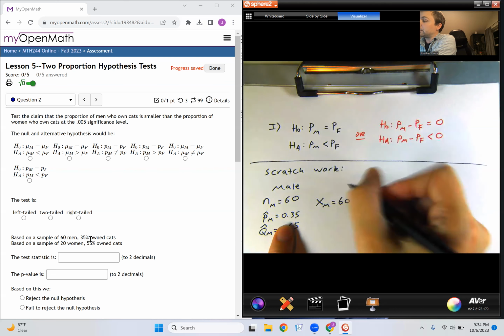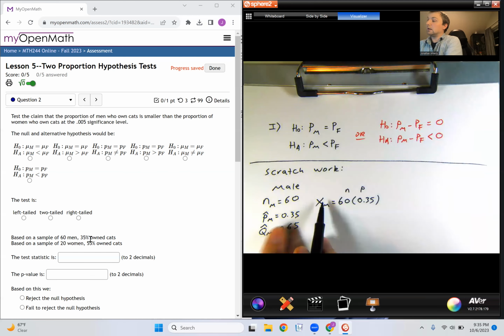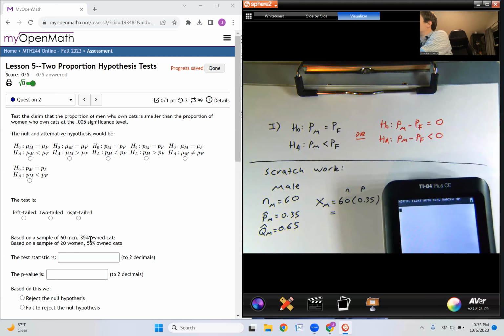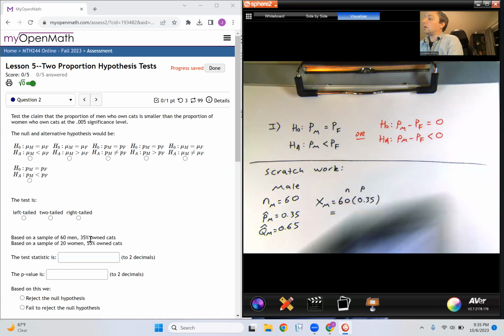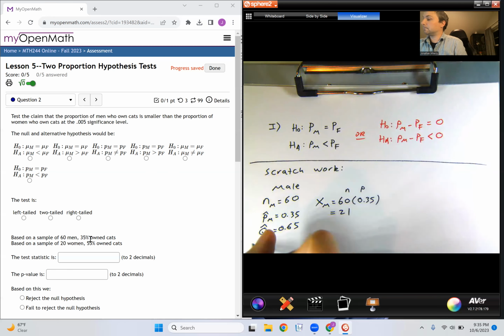I can multiply the number of trials times the probability, and it'll give me the number of successes. If I type 60 times 0.35 into a calculator, I see that 21 individuals in the sample owned a cat.